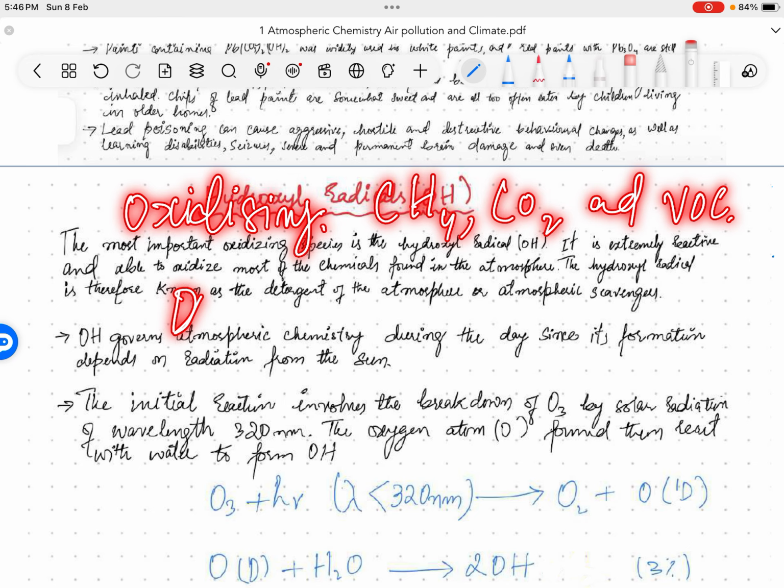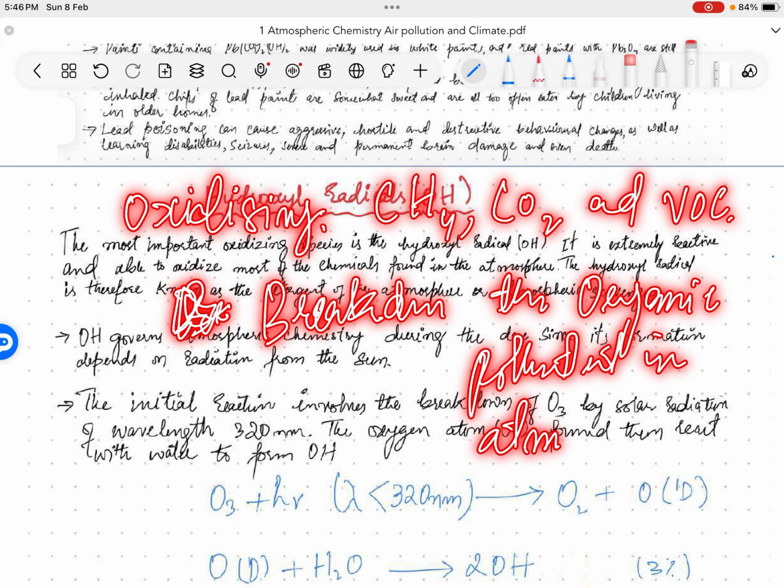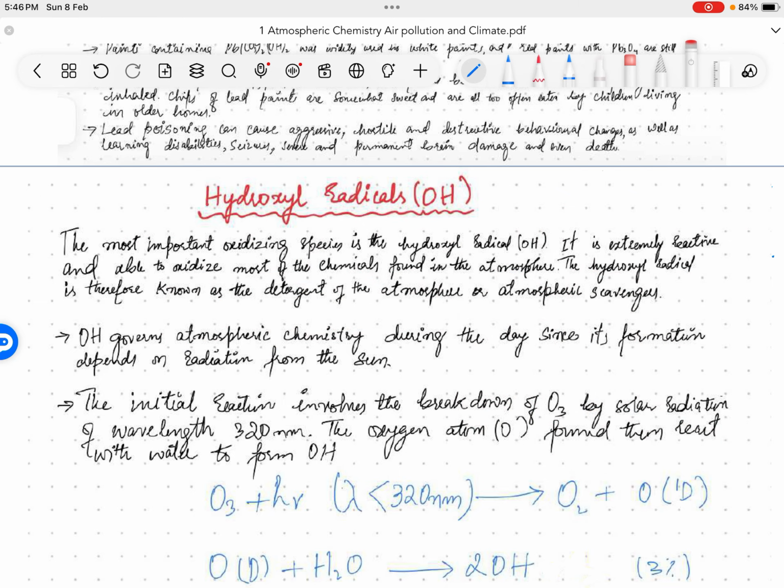It will also break down the organic pollutants in the atmosphere and make them less harmful compounds. So that's why the OH radicals in the atmosphere are very important.